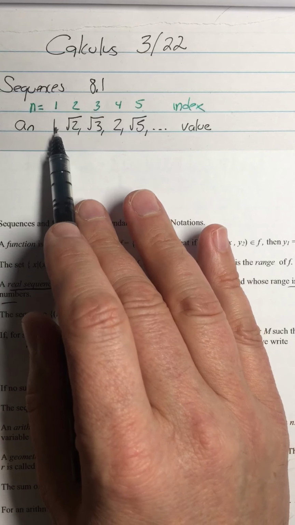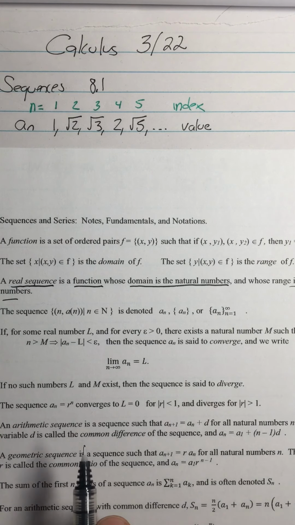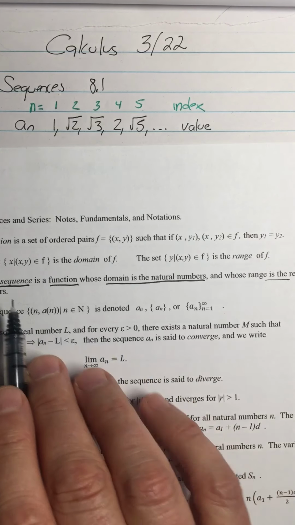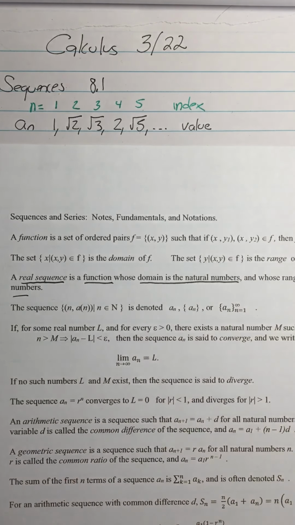So my values for a sub n could be things like negative pi over the square root of 7 or something like that, any real number. And of course, you can create complex valued sequences as well. We're not going to do that, but you can. So that's the range for us. It's going to be real numbers. That's why we're calling it a real sequence, because the range is real numbers. But the domain is always natural numbers for a sequence.